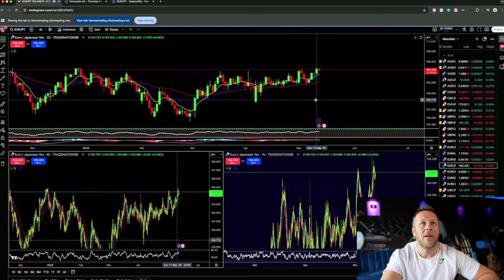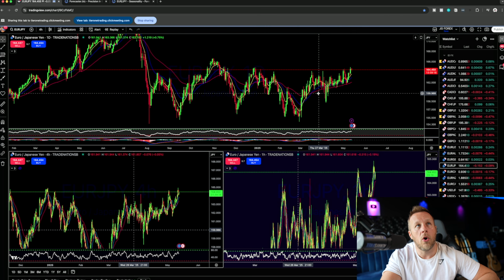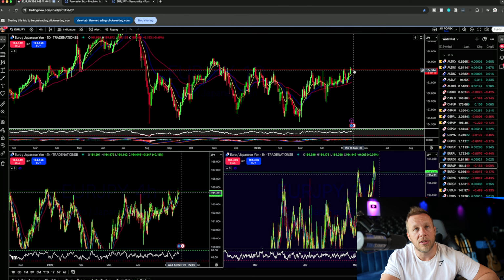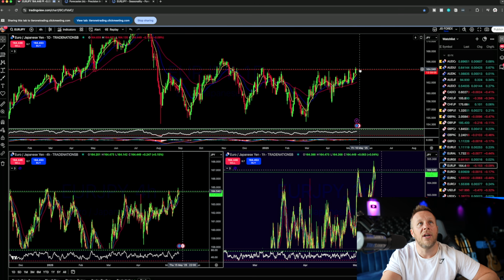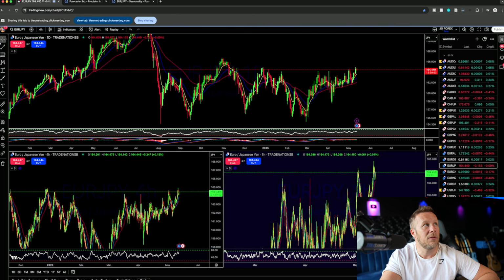So I'm looking for how I can get involved, but what does that trade look like in terms of where I can go and how much I can make as opposed to how much I can lose when I'm wrong, if I'm wrong. So first things first, we're at a level of resistance, previous resistance.